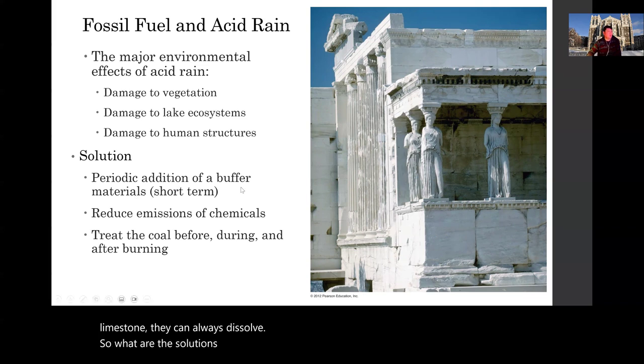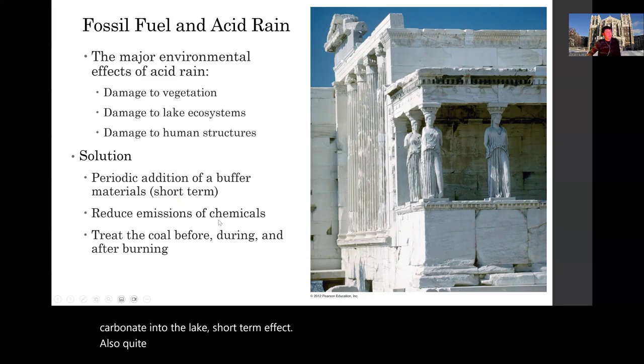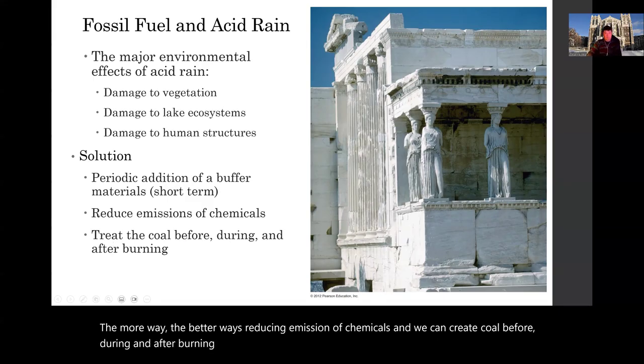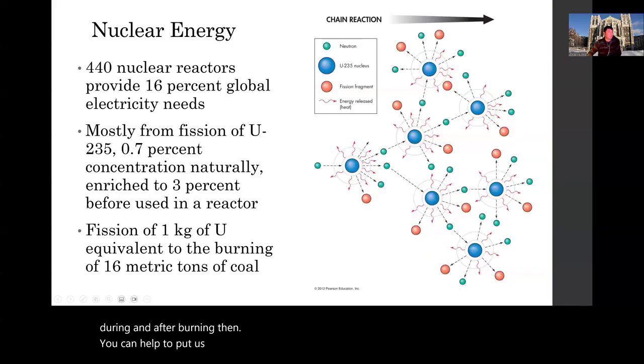One solution is periodically adding buffer material like calcium carbonate into the lake. It's a short-term effect, and also quite expensive. A better way is reducing emission of chemicals, and we can treat coal before, during, and after burning. Then it can help us resolve this acid rain issue.